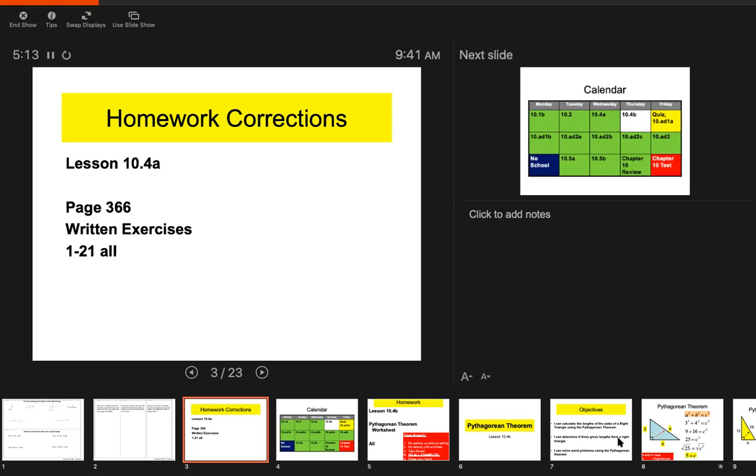And 21, B is 70. That was it. Yes, David. What did you say 19 was? 11.24.